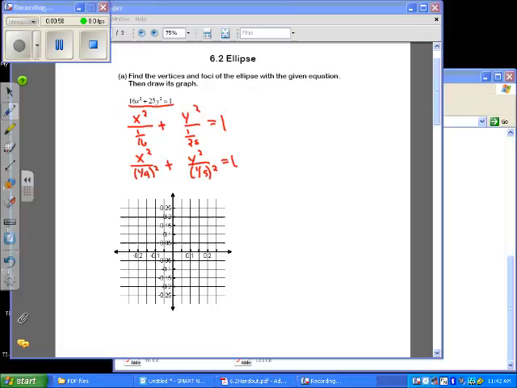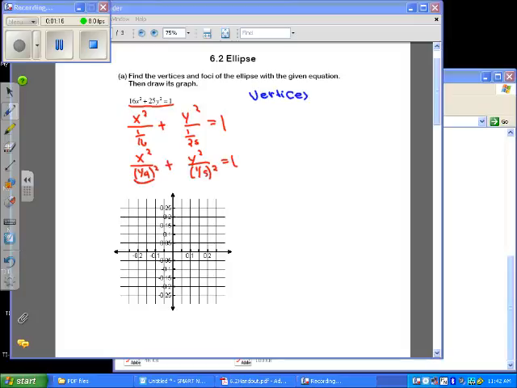Okay, so that gives me a little bit of information. Right away I know that the vertices are going to be related to this term right here. So let me change colors. Let's start with that. Here are my vertices.